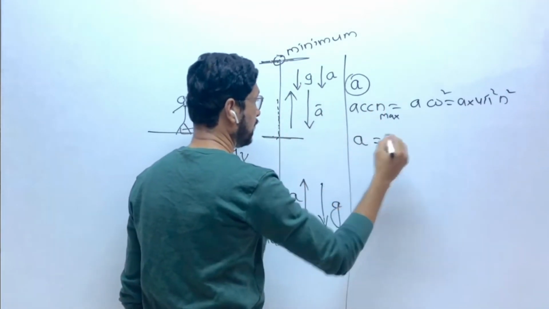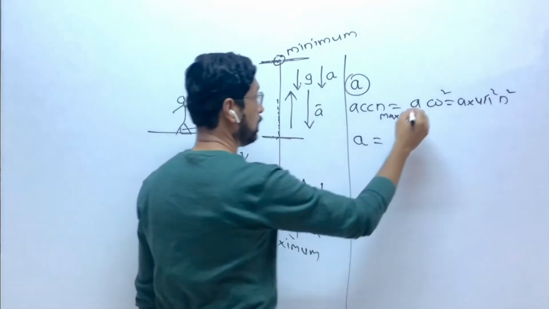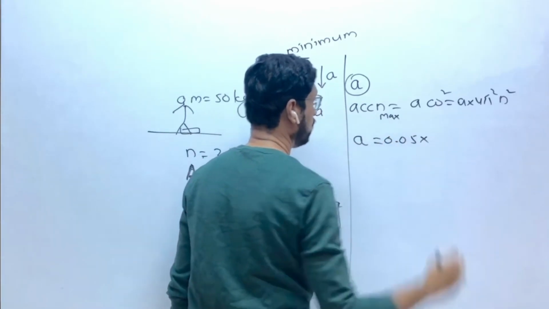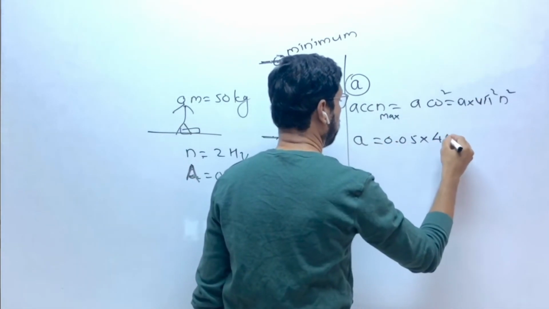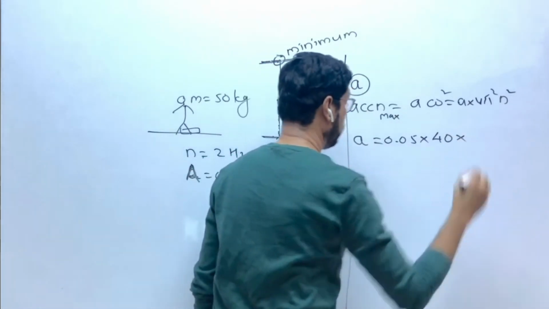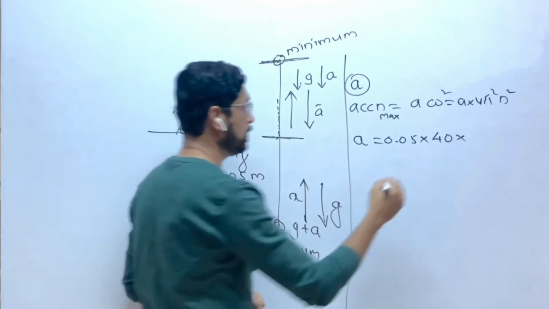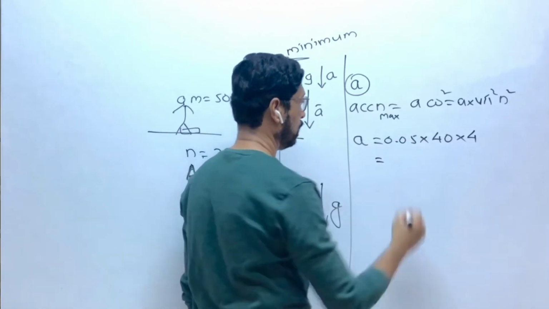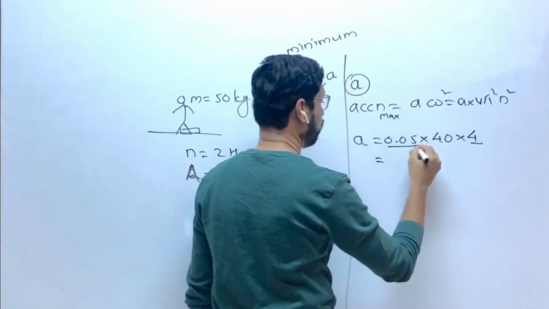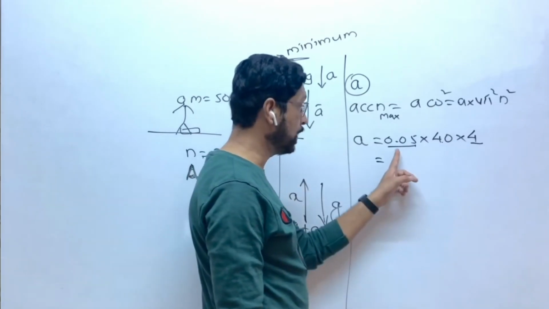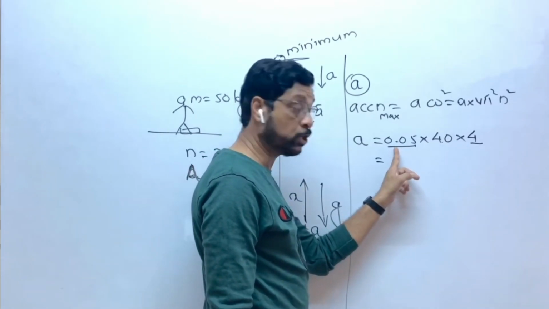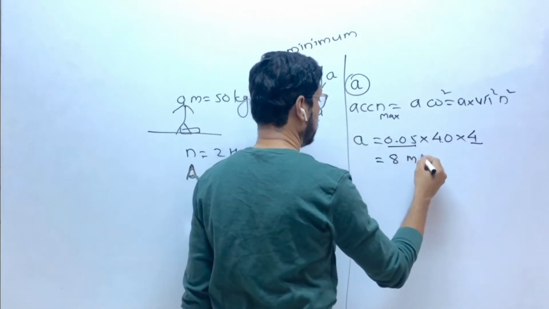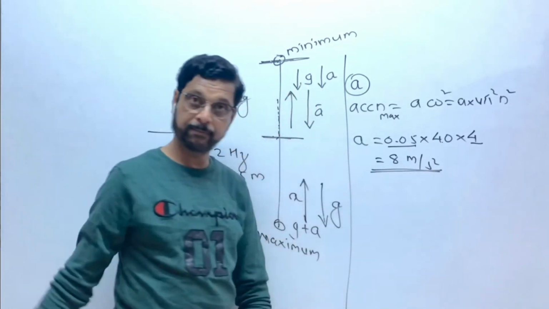So acceleration, now I'm calling it small a, is amplitude, that is 0.05 into 4 pi square into n is 2, 2 square is 4, correct? That is equal to 4 into 0.05, 4 5s are 20, means 0.2, 0.2 into 40, that is 8. So acceleration is 8 meter per second square.